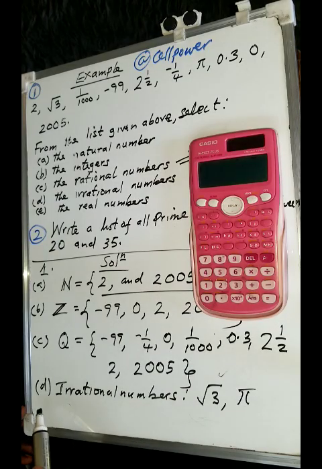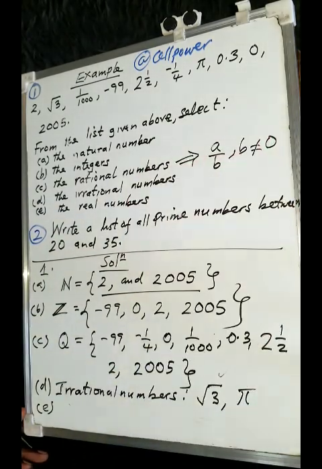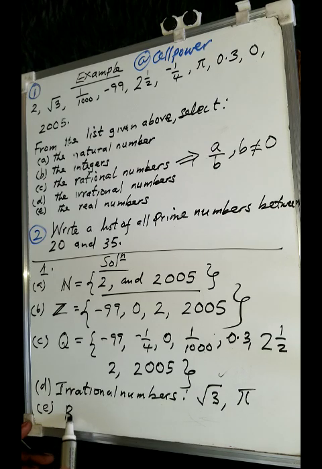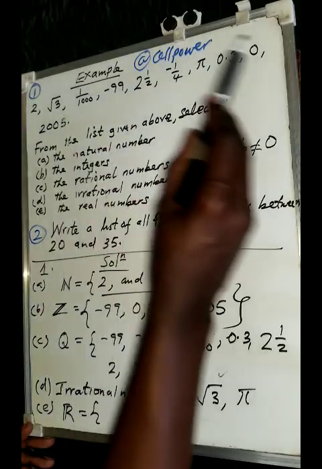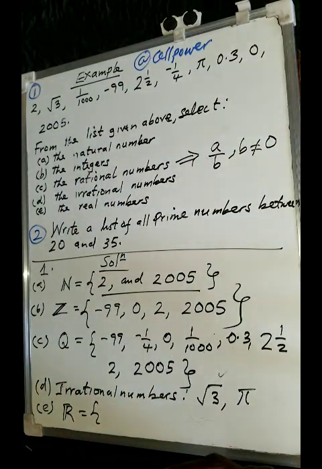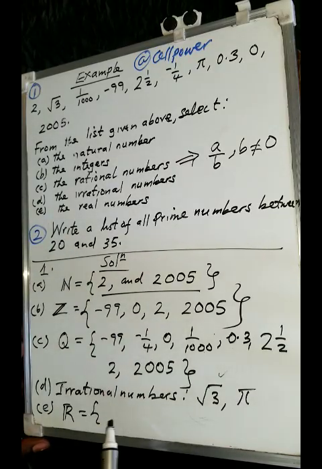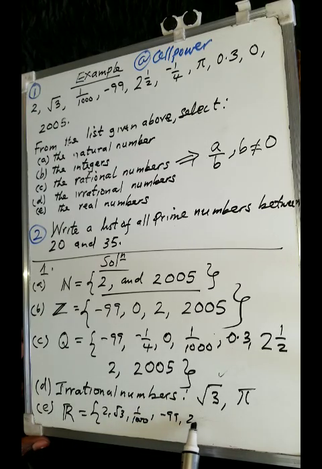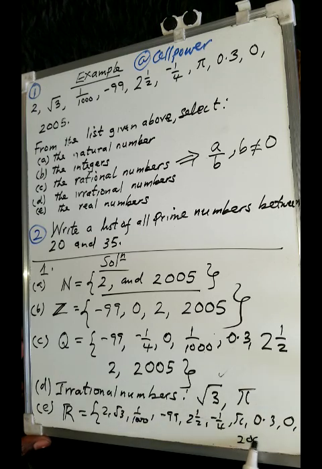Then the last but not the least, for question number 1, says the real numbers. So what are the real numbers? Remember the symbol that looks like R, that's for real numbers. All these numbers that they have given, put together, make up what we call real numbers. So just get all those numbers: 2 square root of 3, 1 over 1000, negative 99, 2 1 over 2, negative 1 over 4, pi, 0.3, 0, 2, 2005.